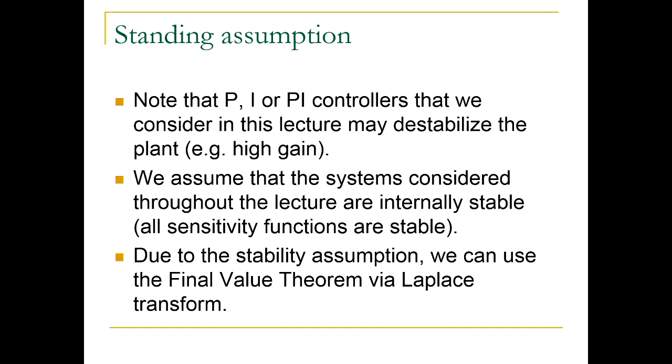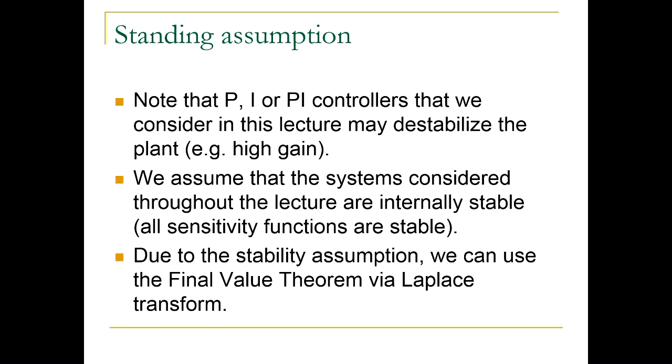Actually, we will talk about internal stability again, but internal stability is a definition of stability that says all sensitivity transfer functions are stable. If all sensitivity transfer functions are stable, we call the system internally stable. So we will require in this lecture that all sensitivity transfer functions are stable. In other words, the system is internally stable. That's the name, internal stability.